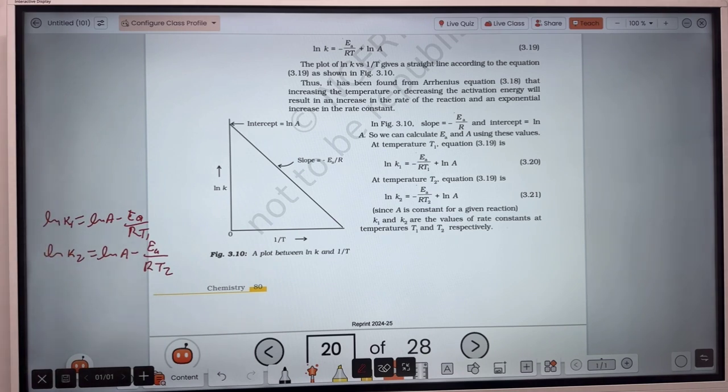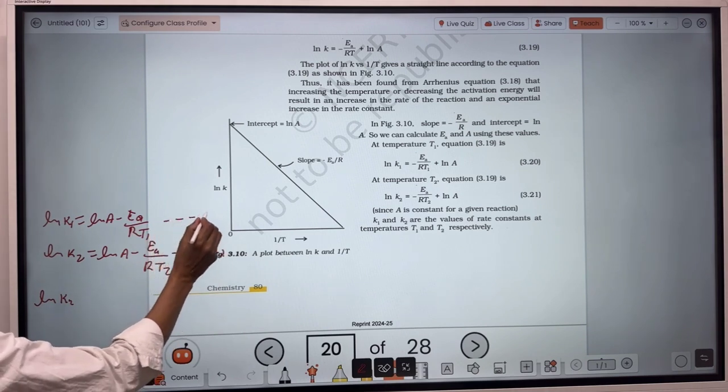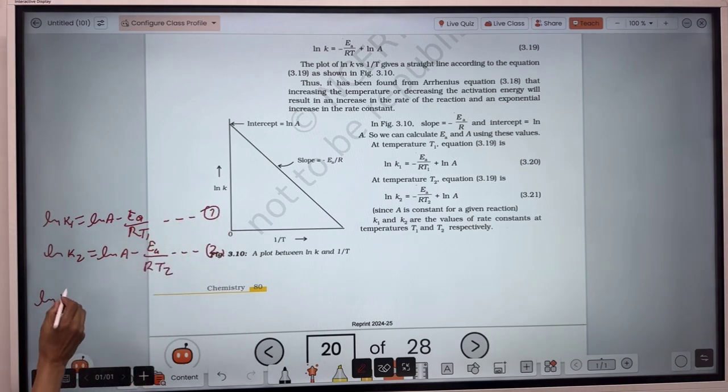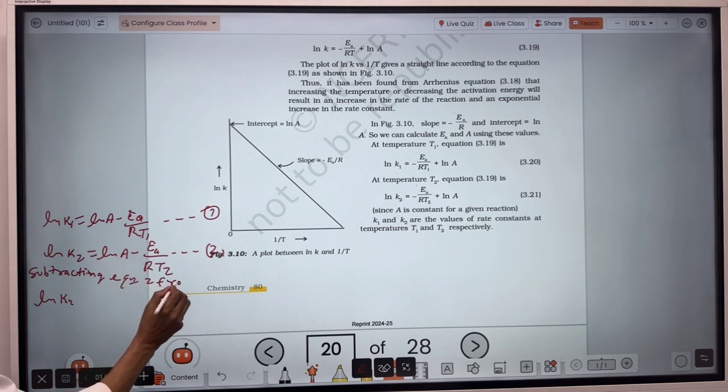Now we calculate log K2 upon K1. This is equation 2, this is equation 1, so we subtract equation 1 from equation 2.